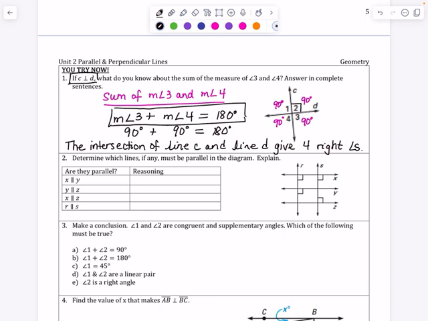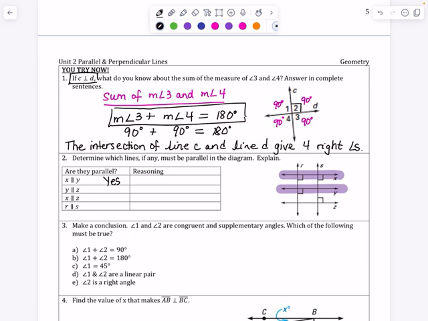Are the lines parallel? So if I look at X and Y, I'm going to highlight and then unhighlight. So if I do X and Y, I am going to say yes, that they are parallel.